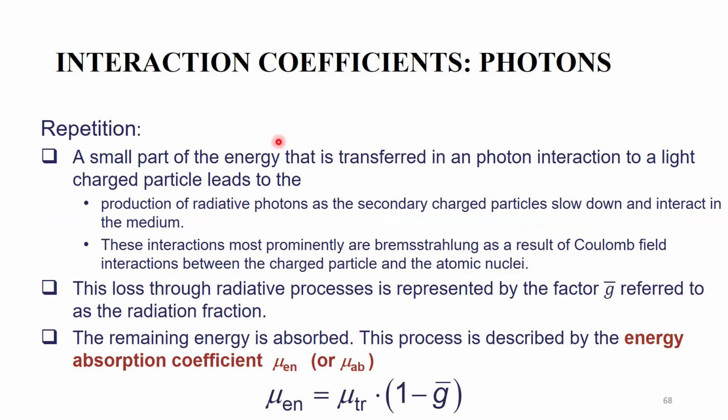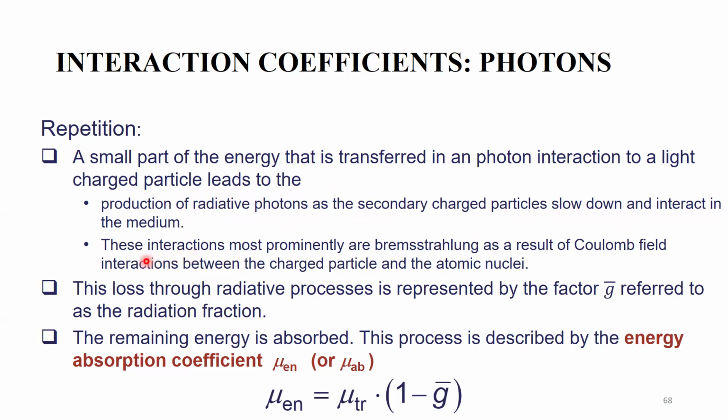So in photon interaction, a small portion of the energy transferred to charged particles such as electrons during their deceleration results in the emission of radiative photons. So a small part of the energy that is transferred in a photon interaction to a light charged particle leads to the production of radiative photons as the secondary charged particles slow down and interact in the medium.